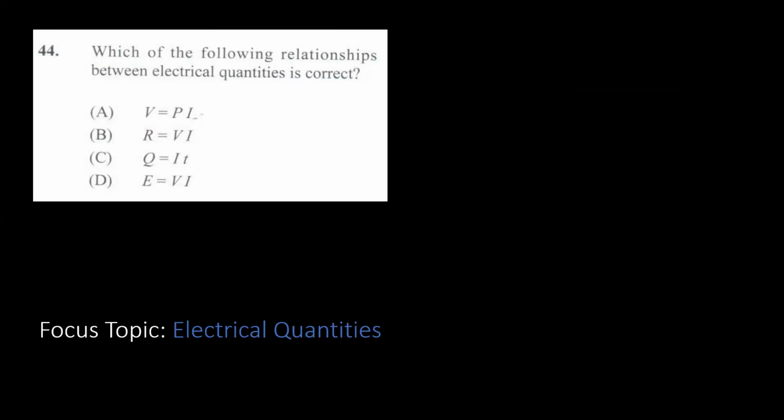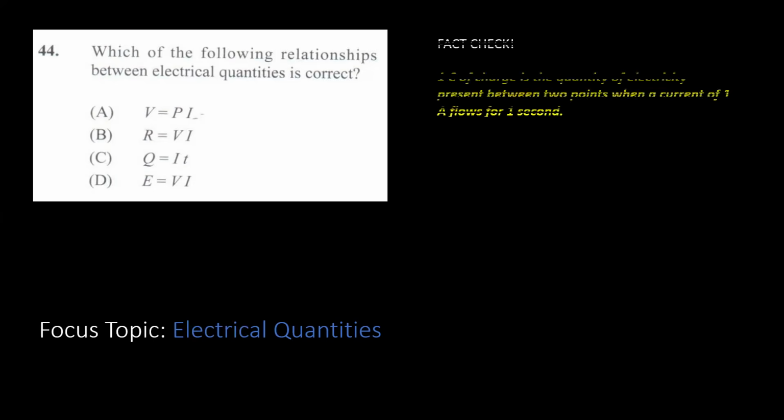Okay. Question 44 is based on electrical quantities. We have some equations being shown and we're asked to tell which of the relationships is correct. Now we have V equals power times current. That is not the correct form of the equation. R, which is resistance, is equal to voltage times current. That's also not correct.